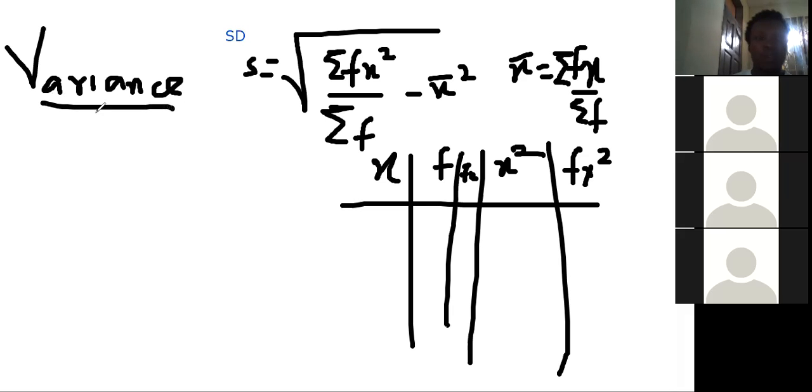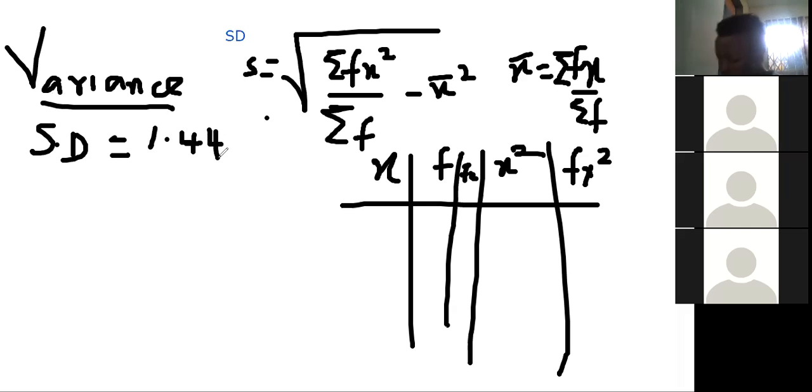So for instance, if the standard deviation we found was 1.4, that's what we had, then our variance, which is V, will be 1.4 squared.